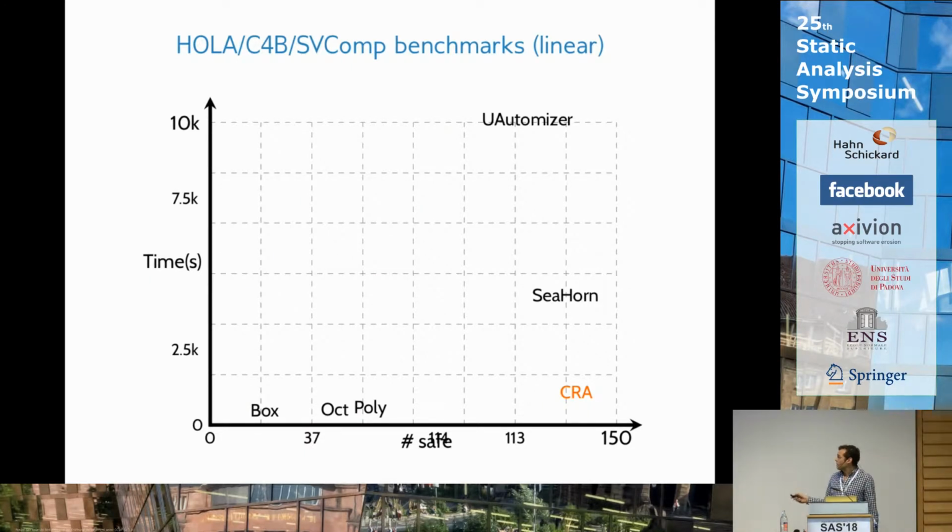The refinement-based model checkers are more accurate because they incorporate an abstraction refinement loop, but the cost of that abstraction refinement loop is that it yields non-termination for some cases, which makes it slow down. CRA, as you might expect from a talk that's advertising CRA, is both fast and accurate.